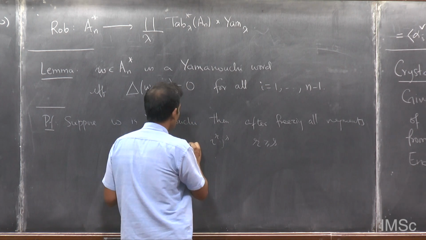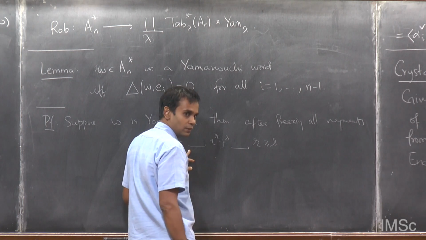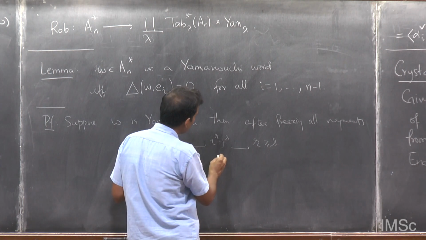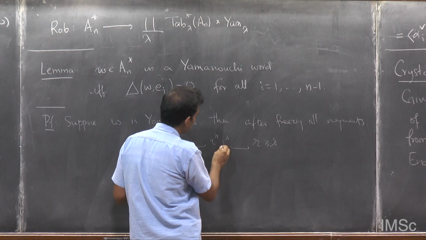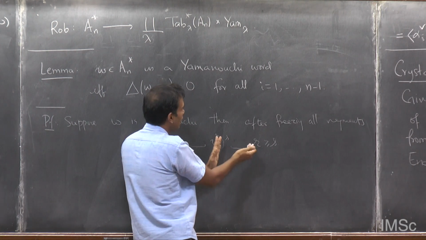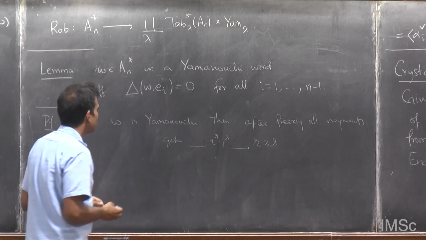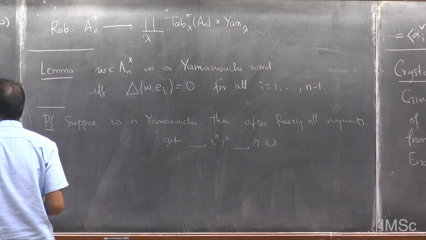So then there is a bunch of paired up ji's on this side and a bunch of paired up ji's on this side. If you look at any part of the word which involves some of these j's and none of the stuff to the right, then that will not have dominant weight. So if it is Yamanouchi, then you cannot apply any f_i.